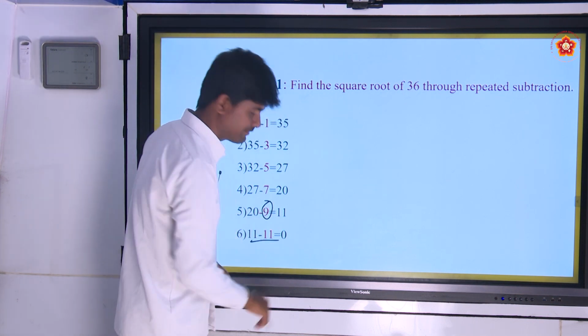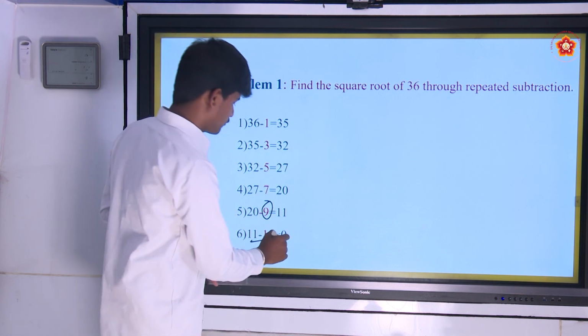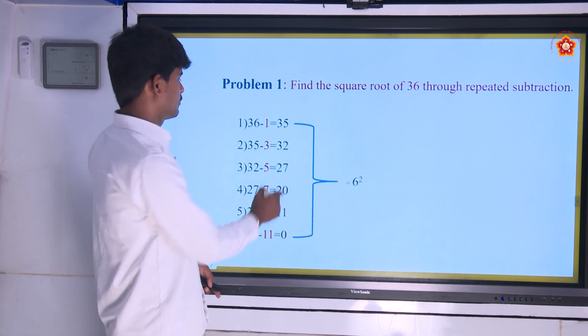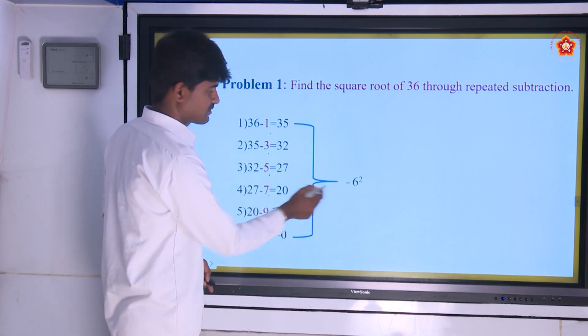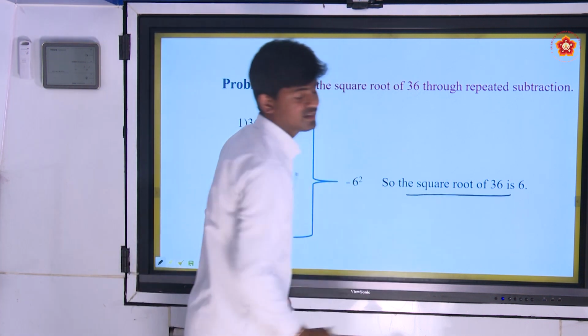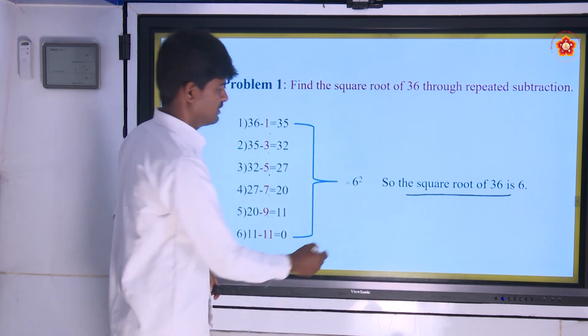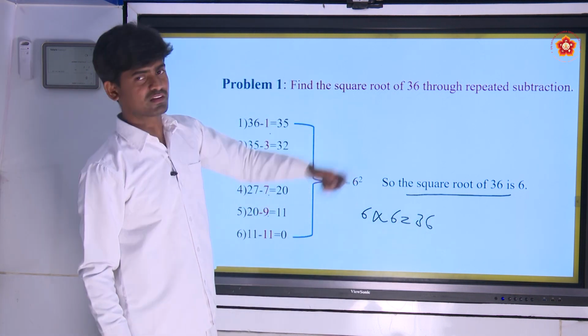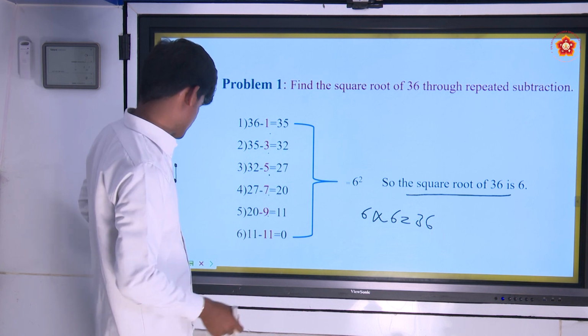Next, 11 minus 11 is equal to 0. We get 0. Counting 1, 2, 3, 4, 5, 6, that is 6 square. So the square root of 36 is 6, meaning 6 into 6 is equal to 36. That's it.